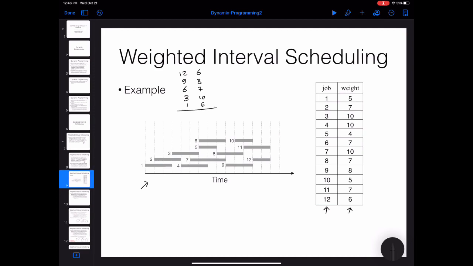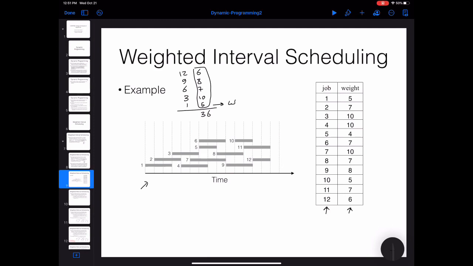So in total, these are the weights, and in total I'm going to have 36. Okay. This is the optimal. You may actually just try to find some other answers. This is the optimal answer that we can have for this example.